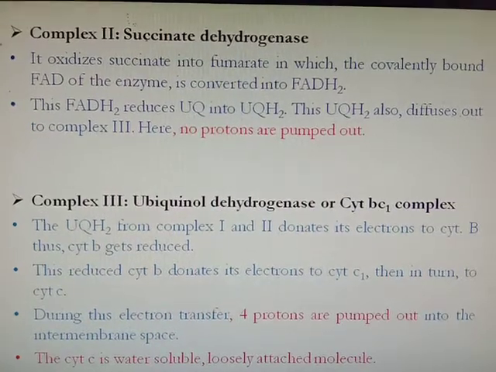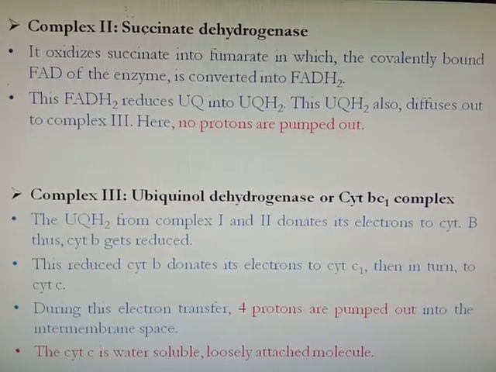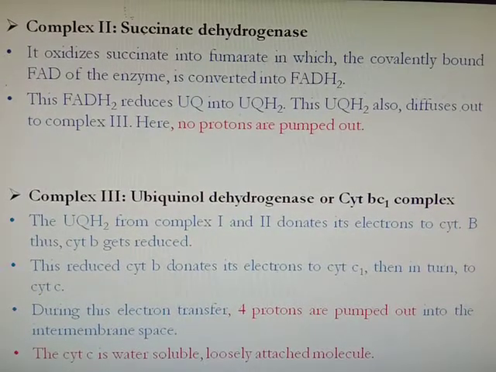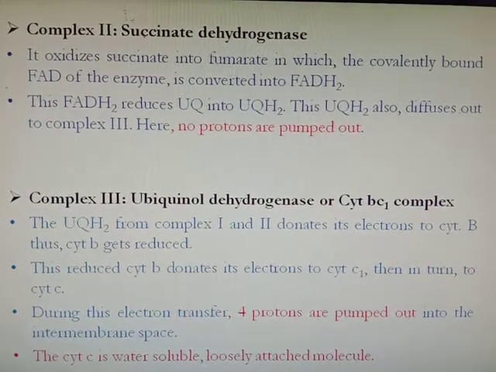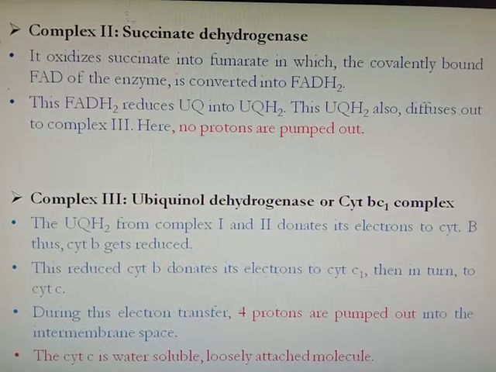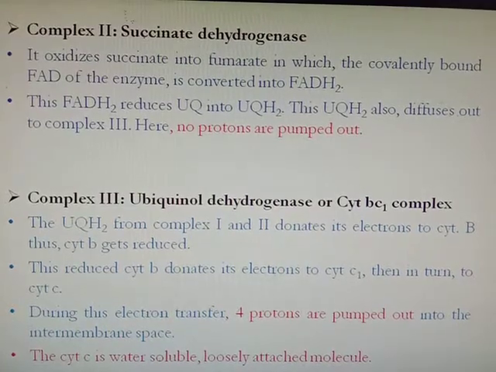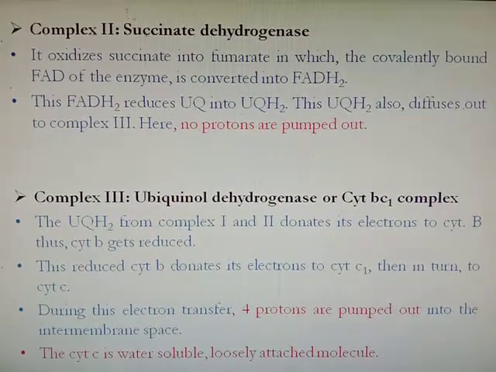So in complex 1, 4 protons move into the intermembrane space and 4 protons move in complex 3. There are no protons pumped out into the intermembrane space in complex 2. Cytochrome C is a water soluble and loosely attached molecule.